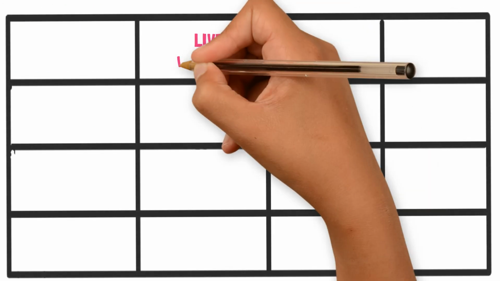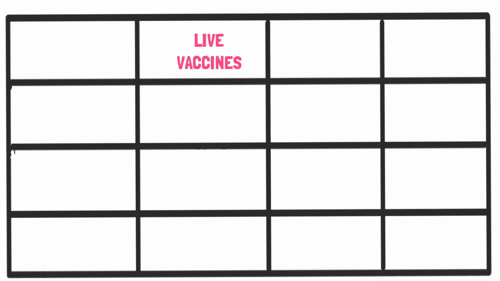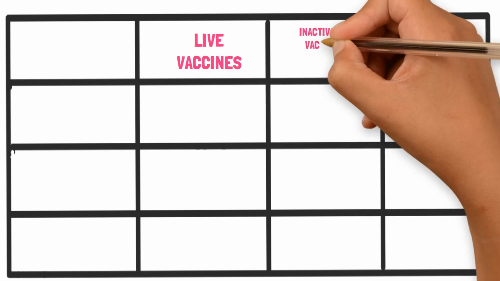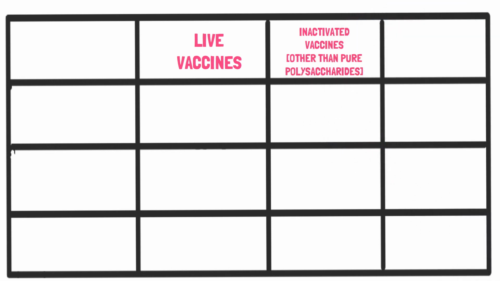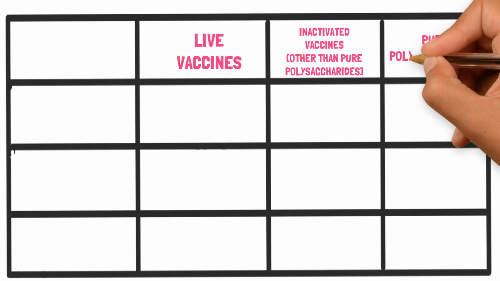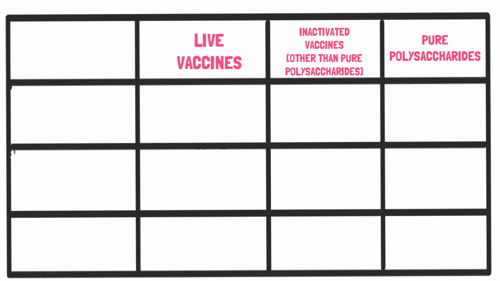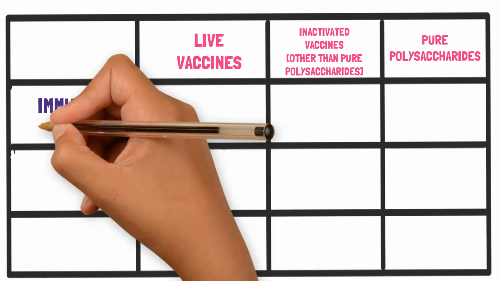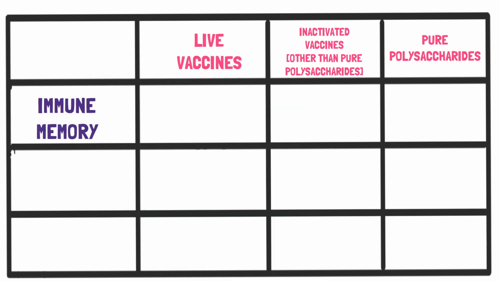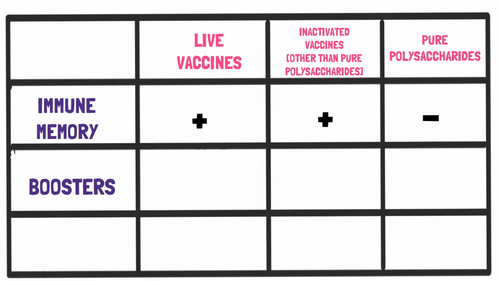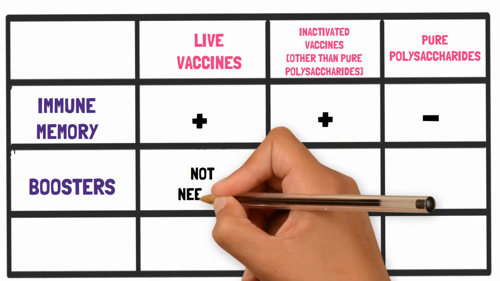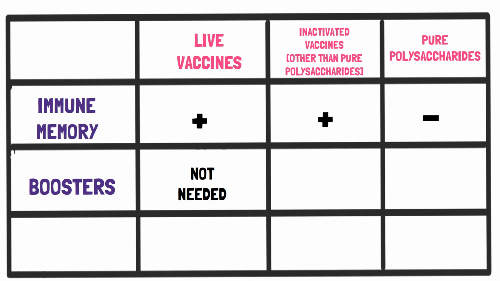Live vaccines, inactivated vaccines other than pure polysaccharides, and pure polysaccharide vaccines. Immune memory due to involvement of T cells is present in live vaccines and other inactivated vaccines but absent in pure polysaccharide vaccines. Boosters are usually not needed for live vaccines due to natural boosting, but are usually given for inactivated vaccines.